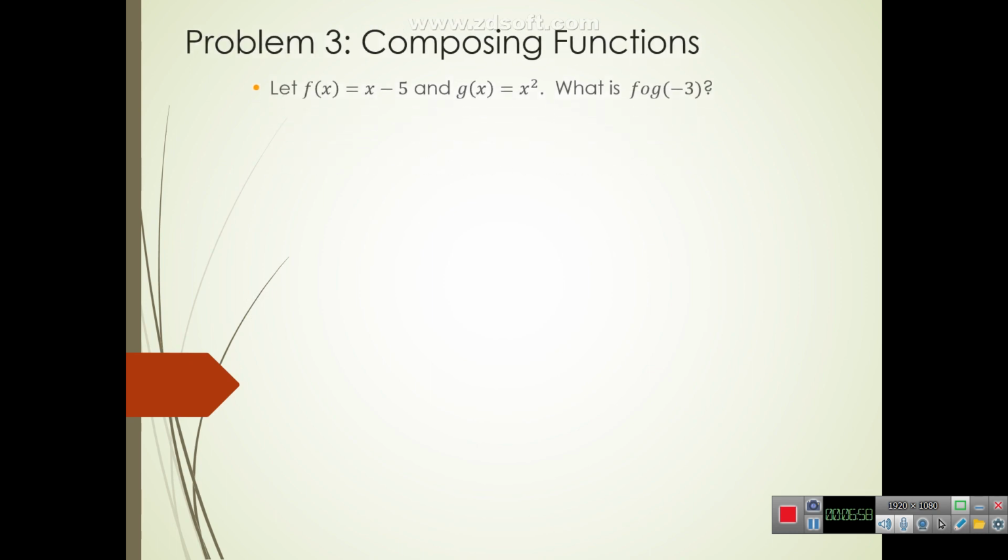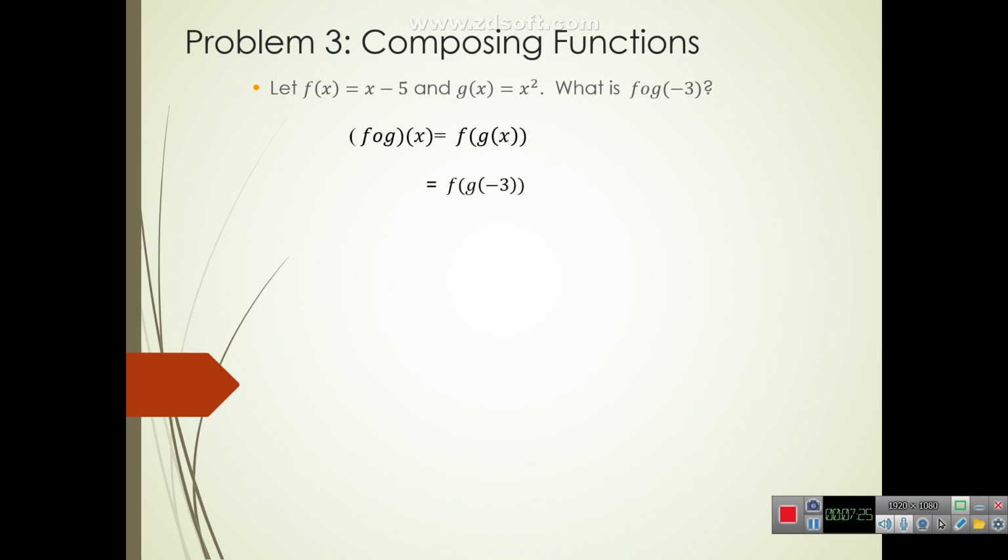Problem 3 is about composing functions. Let f of x be x minus 5 and g of x be x squared. What is f of g of negative 3? That means you are going to compose function f with function g when the input value is negative 3. First, let's define f of g of x.